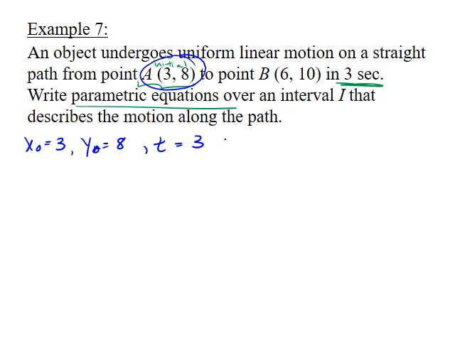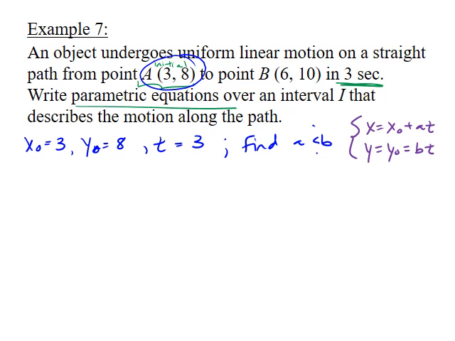And as indicated previously, we want to find A and B. And I'll just remind you that from an earlier slide, x equals x sub 0 plus a t, y is equal to this.